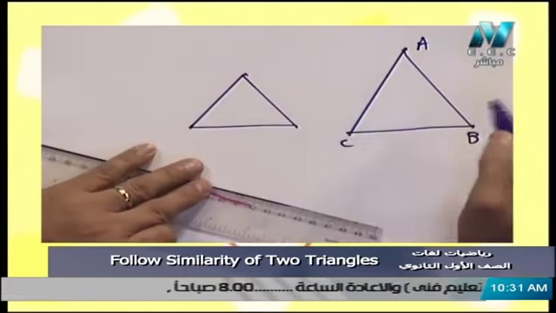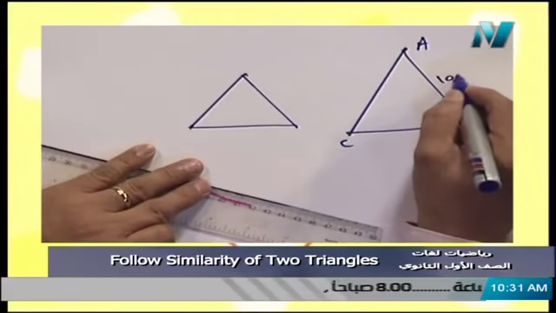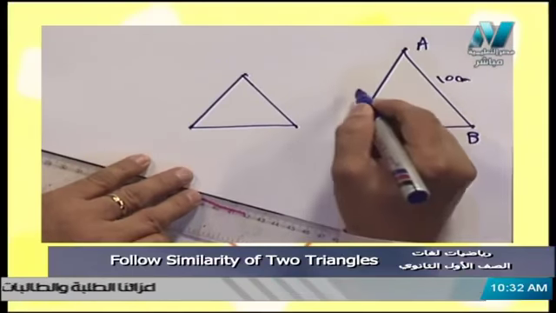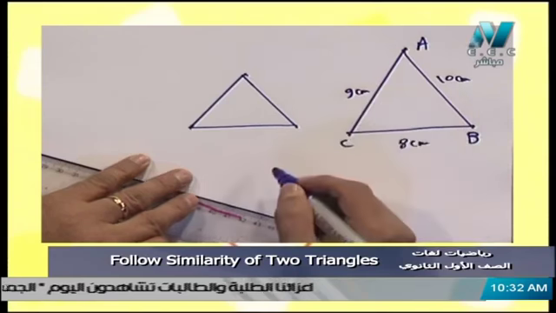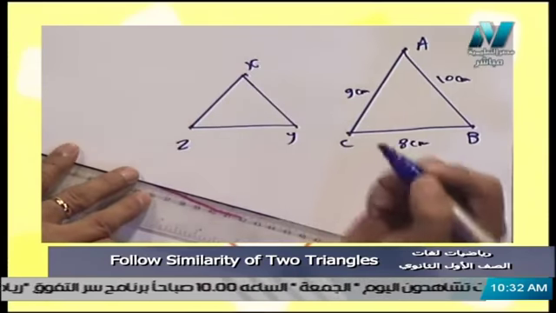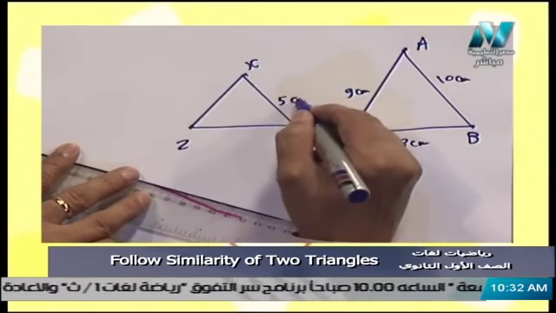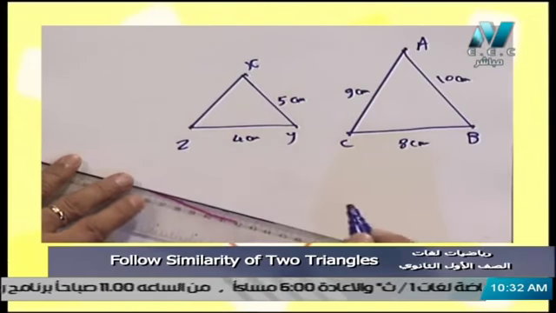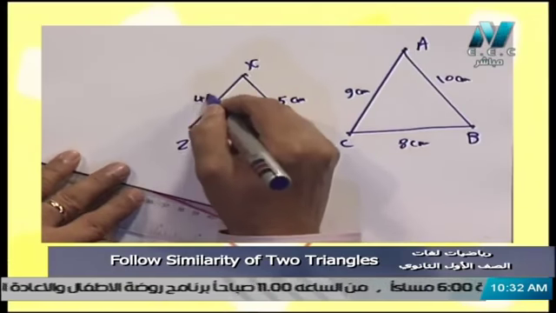Say that AB here is 10 centimeters, BC is 8 centimeters, and AC is 9 centimeters. And in this triangle XYZ, XY is 5 centimeters, ZY is 4 centimeters, and XZ is 4.5 centimeters.